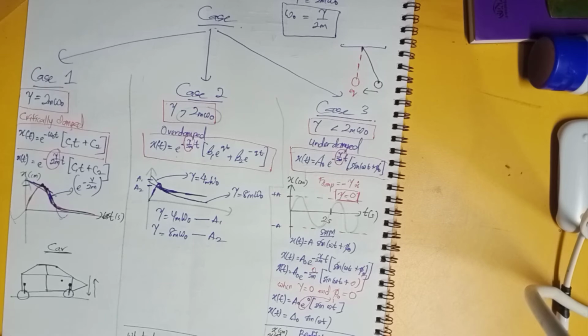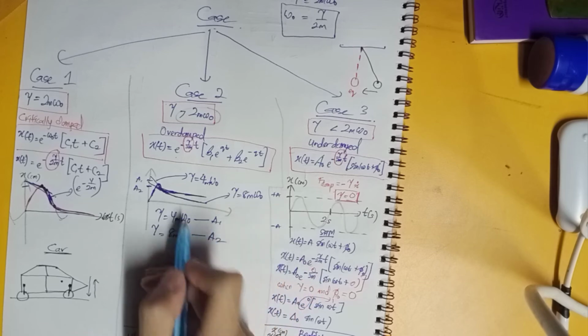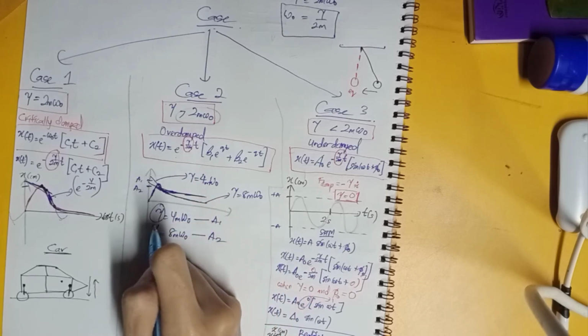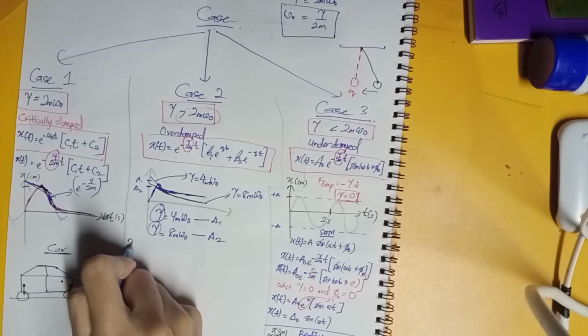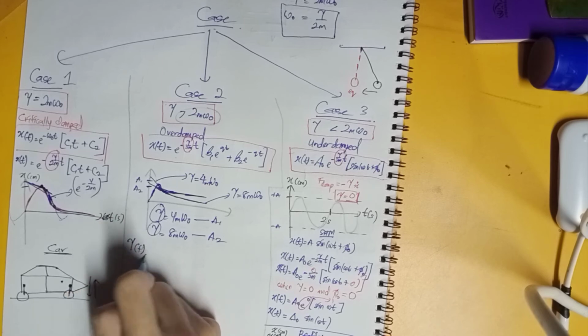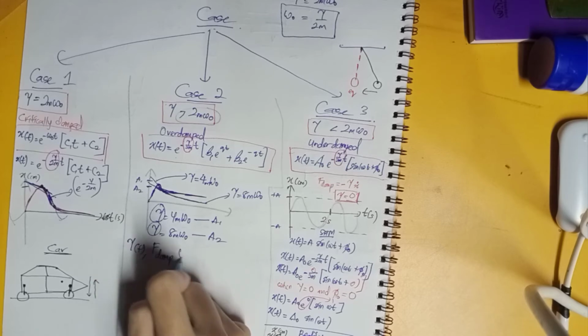Okay, how do I explain this? For this system, since we have increased the damping constant, gamma increases. So that means the damping force increases, right?